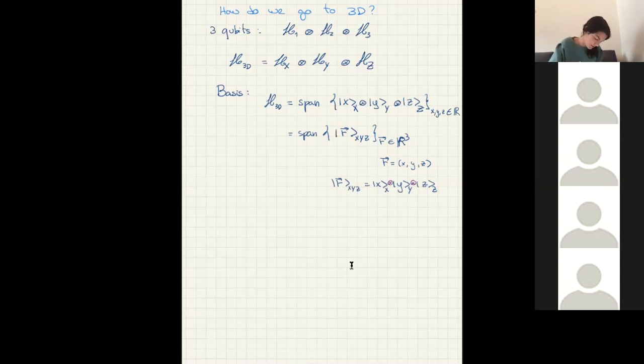Okay, so we have the other basis, which is |px⟩ tensor |py⟩ tensor |pz⟩, with px, py, pz each belonging to R. And again, the same way we can call this vector p, with components px, py, pz, where there's no need.